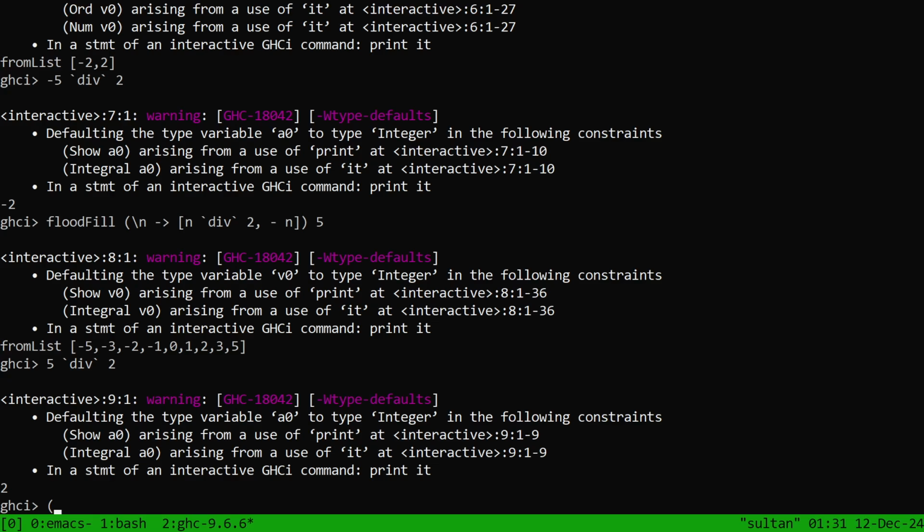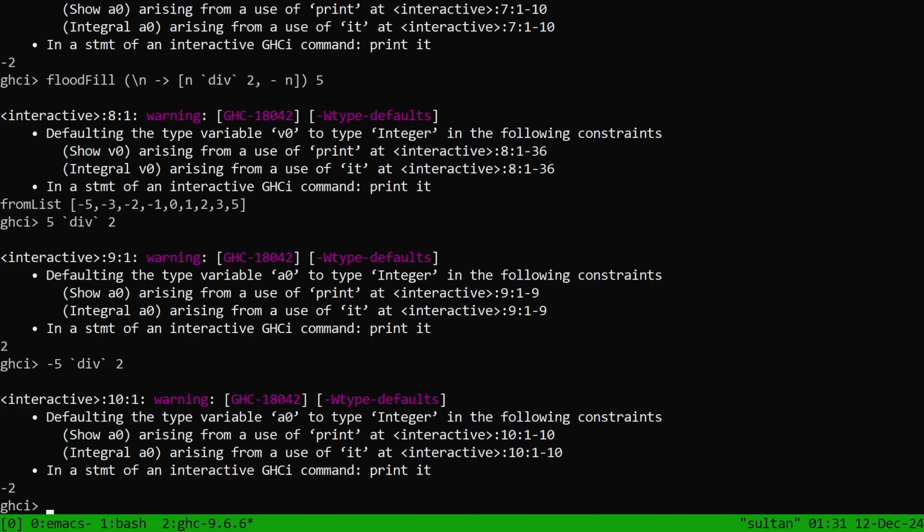And -5 div 2 is -2. So how do either of those ever find their way to 3 is what I want to know. Obviously it must happen, because I don't think flood fill could be wrong in this way.